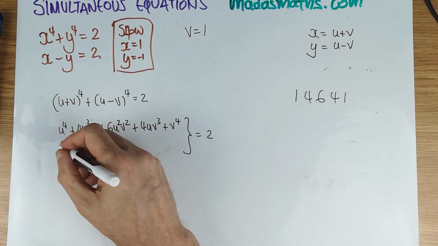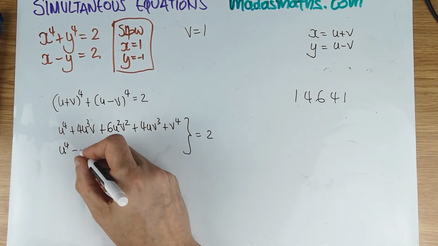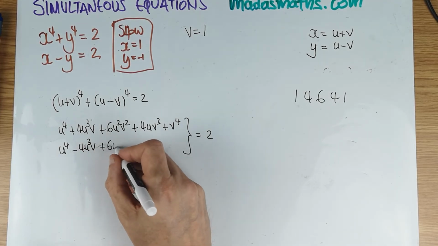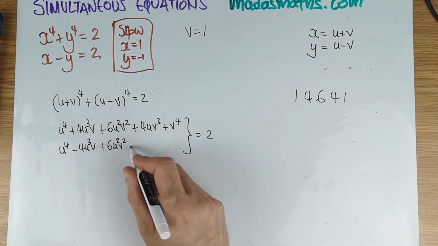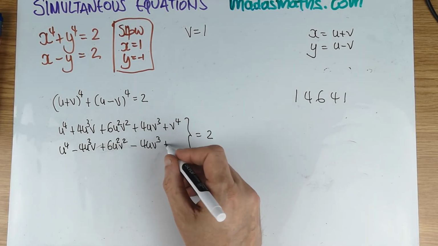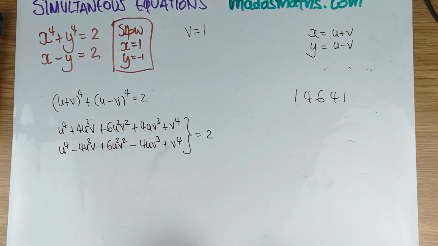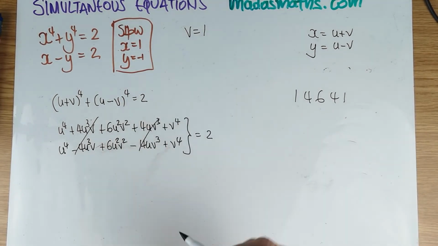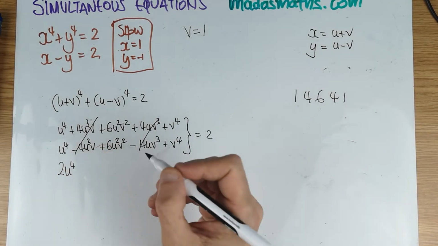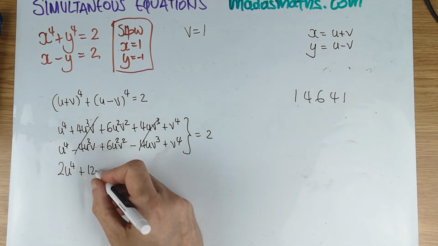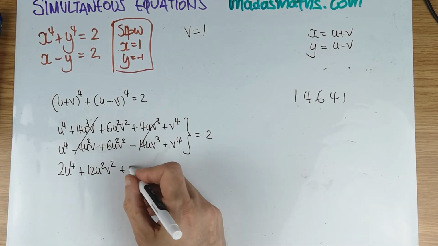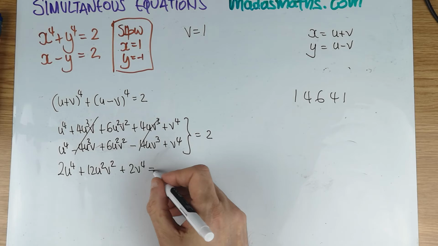When I do this, it's exactly the same, but the signs will alternate. So some terms will cancel and other terms will double up. So that's a minus, and that's now a plus, and it's still equal to 2. These terms now will cancel. So our equation becomes 2u to the 4 plus 12u squared v squared plus 2v to the 4 is equal to 2.